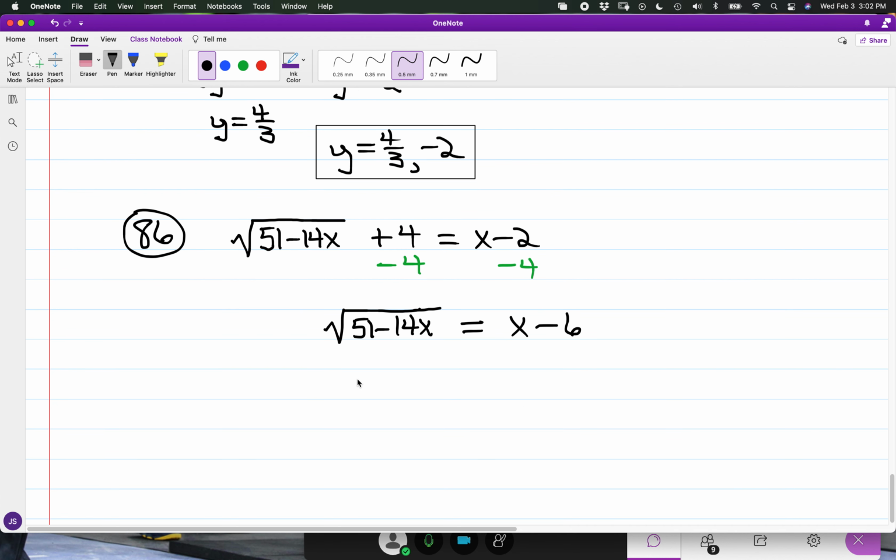Now, freeing up 51 minus 14x from the radical: to eliminate the presence of square roots, I would just square. Squaring both sides, the left hand side becomes 51 minus 14x.